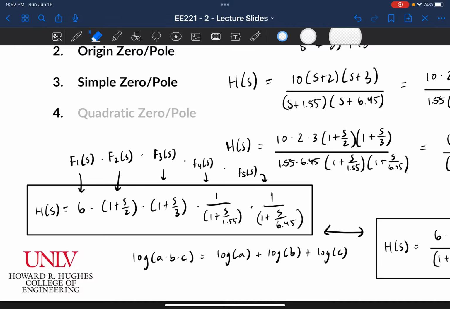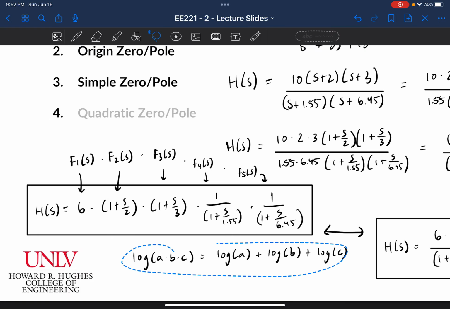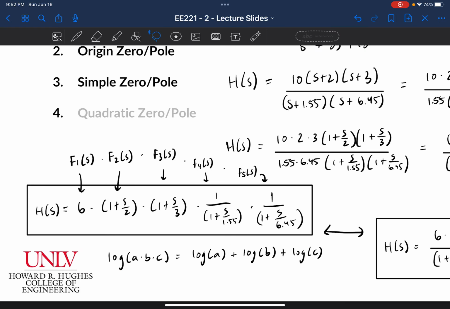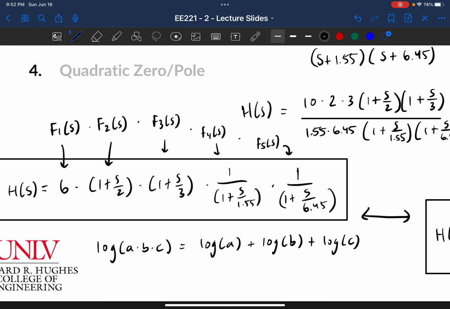And so that's very useful because when we go to plot the magnitude for our Bode plot, we know that what we do is we take h of s, but we don't just take h of s, we take the log of h of s, log base 10. I'm just going to write log though, and we multiply that by 20, right? That would be how we would plot our Bode plot.